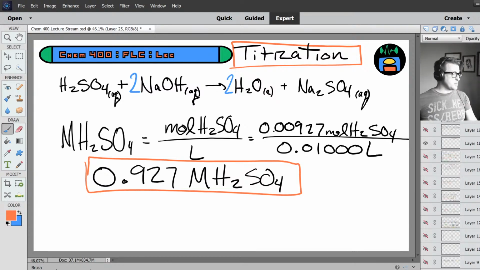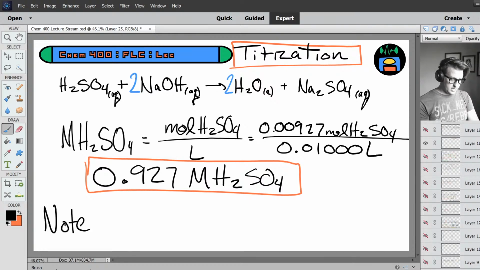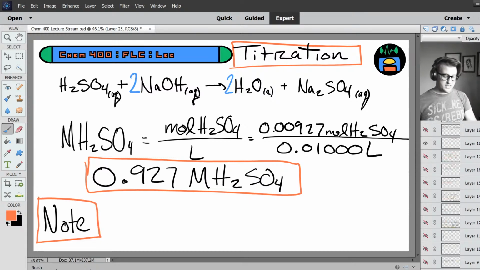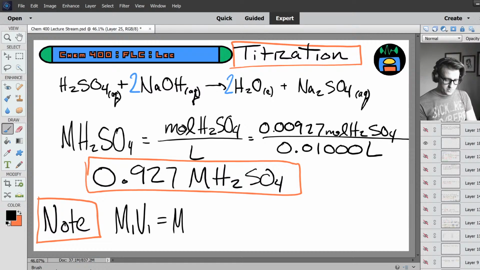So there's one last thing I want to say about titration before we end lecture today. You will find, even in the lab manual for the FLC lab, there's a titration lab that'll say, if you're doing a titration calculation, just use the dilution equation, M1V1 equals M2V2.